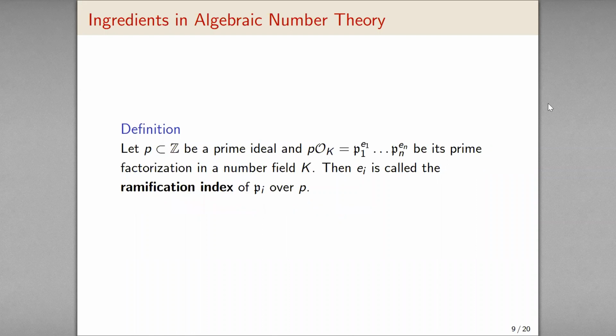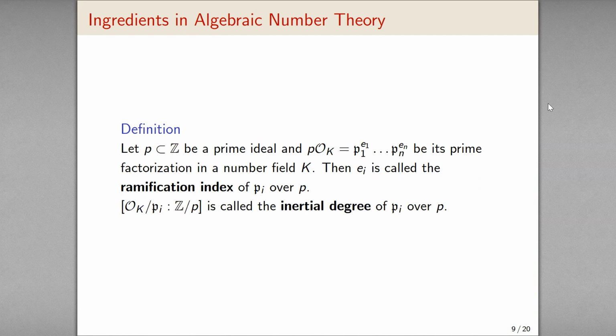Now, if p is a prime ideal of Z, and we factorize the ideal p O_K into its prime factorization by writing it as curly P1 to the e1 times curly P2 to the e2 and so on, all the way up to curly Pn to the en, then the ramification index of curly Pi over p is just the exponent ei.